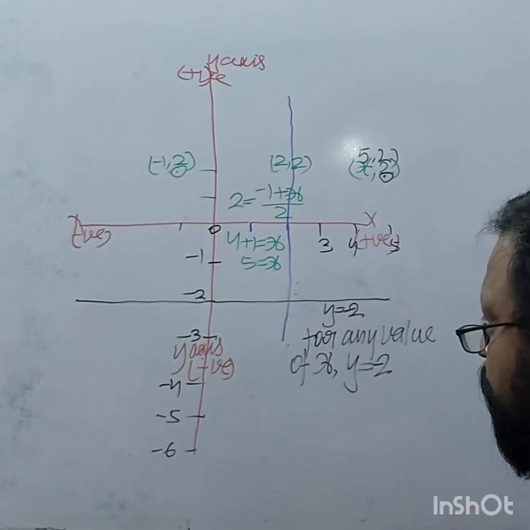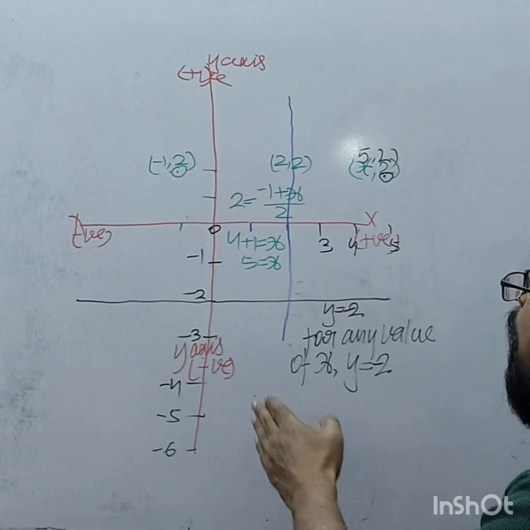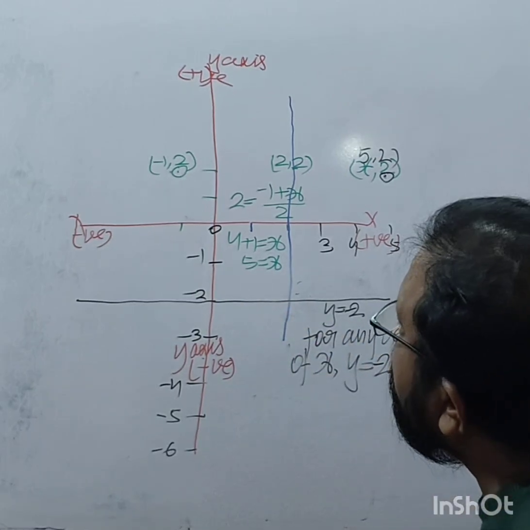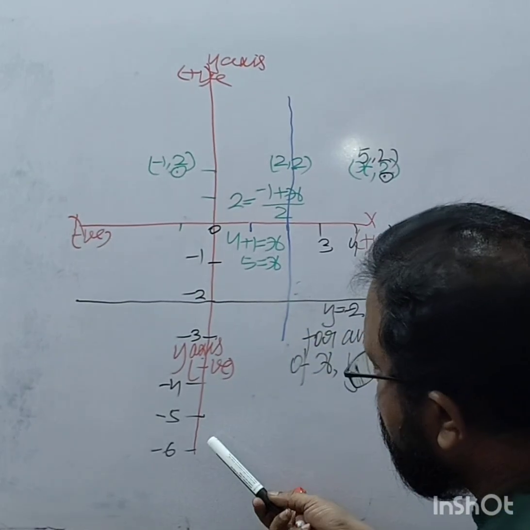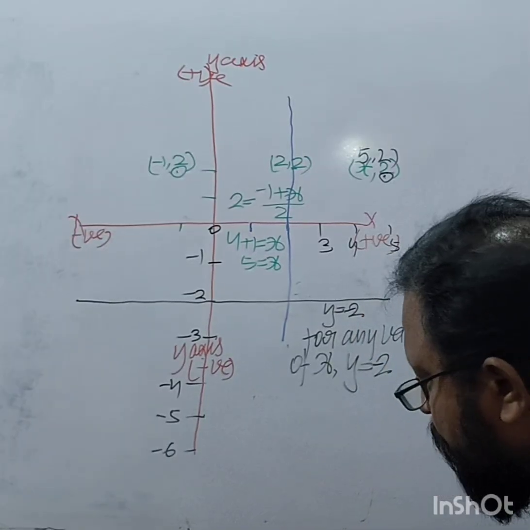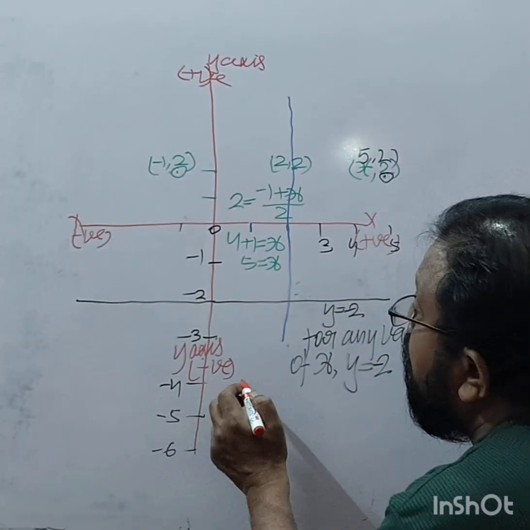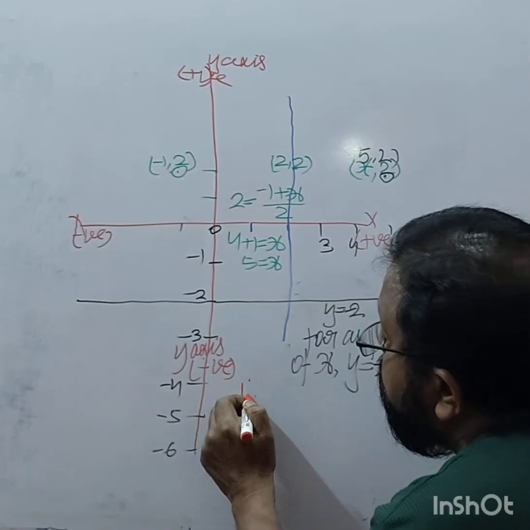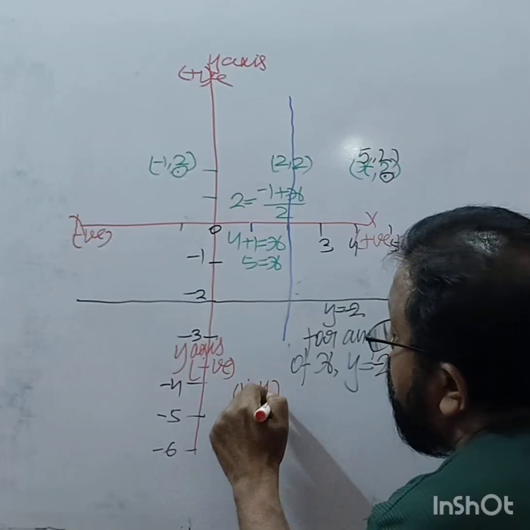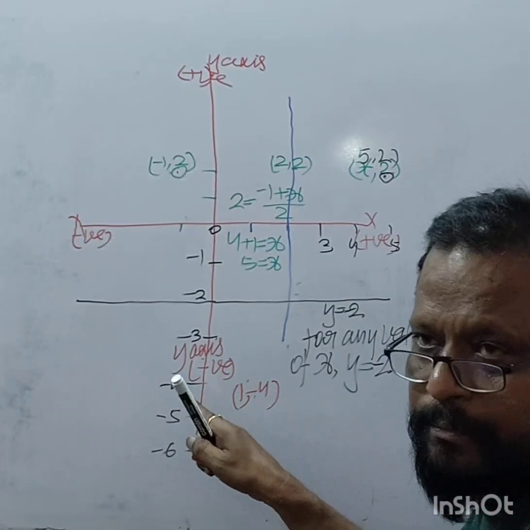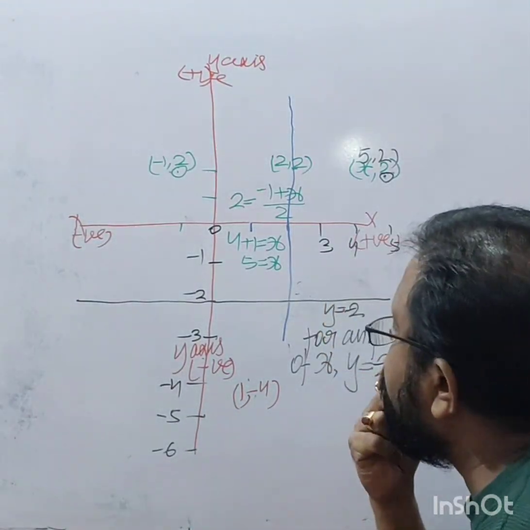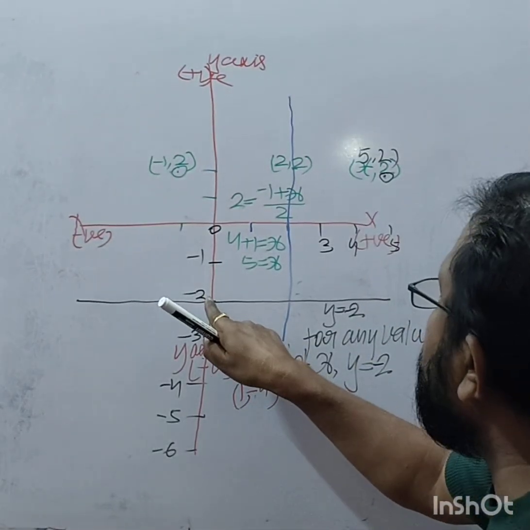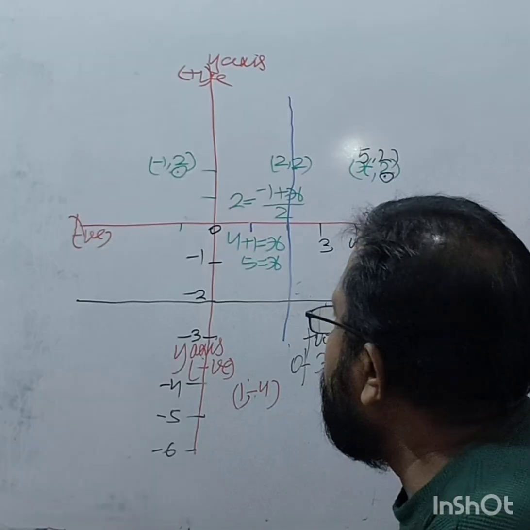Now there is a point which we call 1 comma minus 4. So 1 comma minus 4, and this point is having a reflection, right?